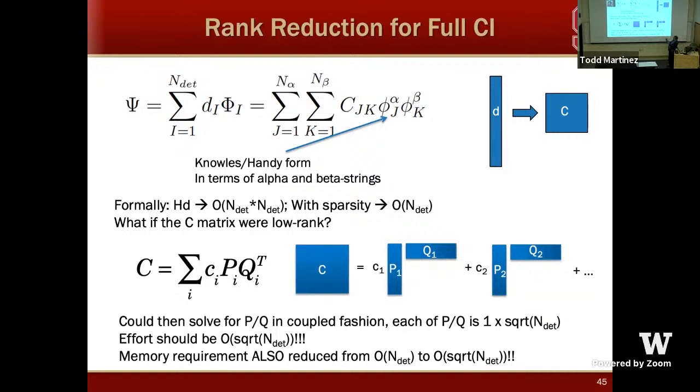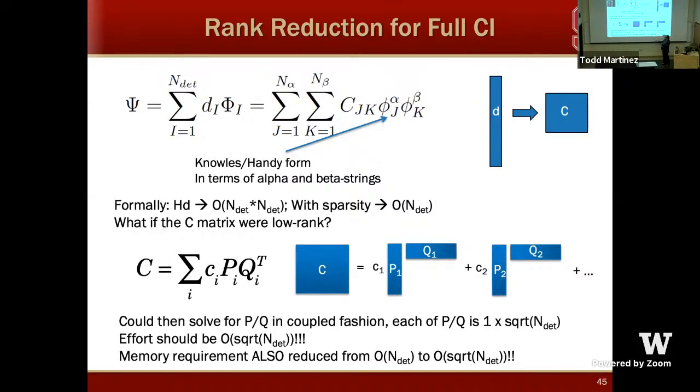We can take all the up electrons and put them into some product here, and all the down electrons and put them into some product there. Put those together, and you have a list of all the electrons and what orbitals they're in. Then you need some coefficient in front of that. That coefficient, I'm going to label it CJK, can be considered as a matrix that is the number of alpha strings times the number of beta strings. And the point is just that this is a matrix.